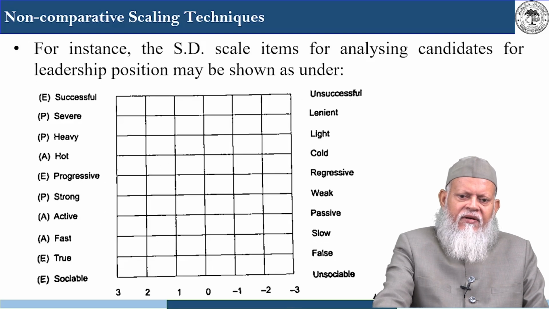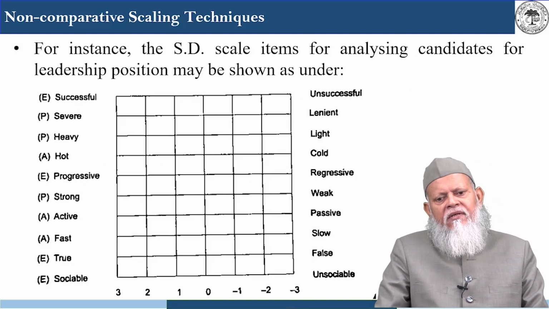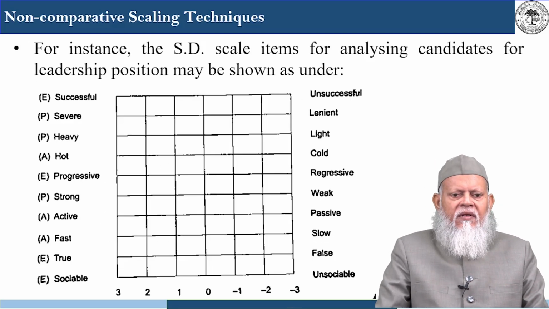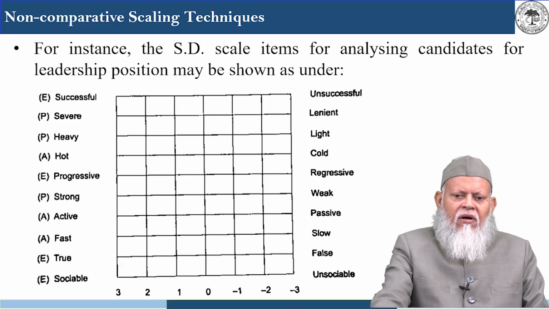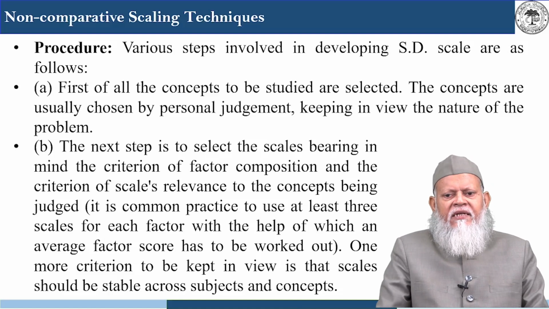As we have selected here the concepts: successful, unsuccessful, severe, lenient, heavy, light, hot, cold, progressive, regressive, strong, weak, active, passive, fast, slow, true, false, sociable, unsociable. These are the concepts which we have selected.